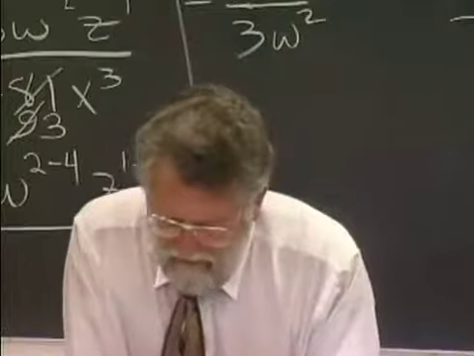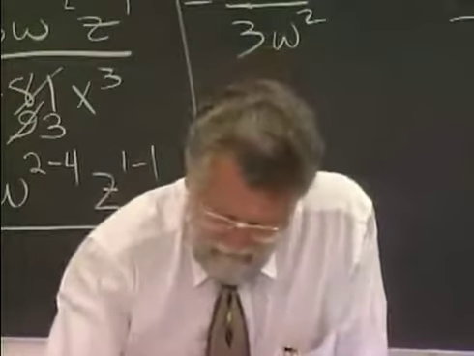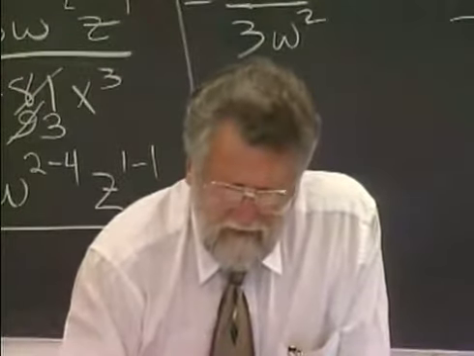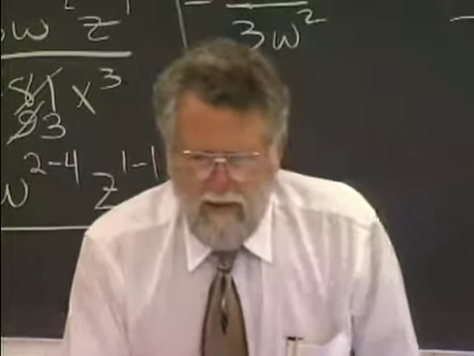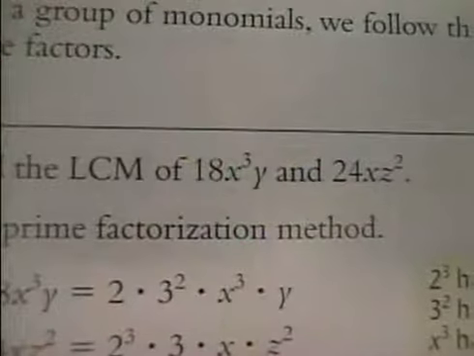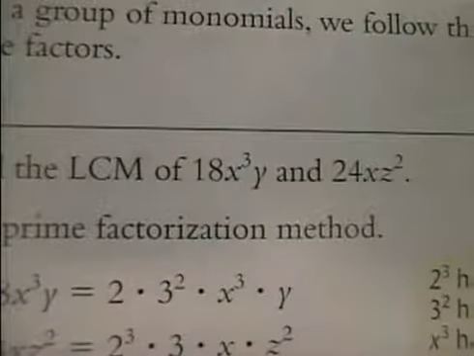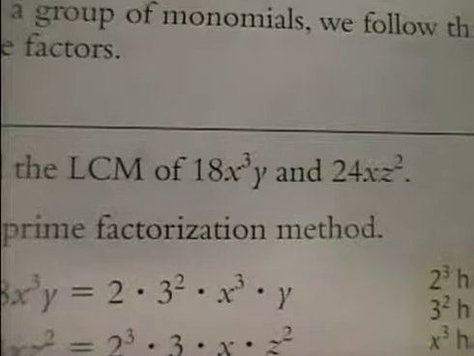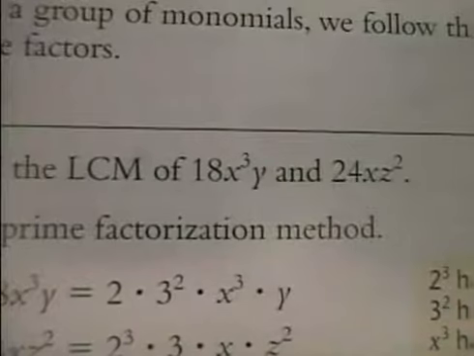So the only thing that gets a new wrinkle here is on page 347, where we're going to get monomials involved. So let's look at this. I have 18x cubed y and 24x z squared. Ernie, I'll need camera 2 on the sideboard, if you wouldn't mind, please. And there's nothing here that is particularly different than what we've done before.